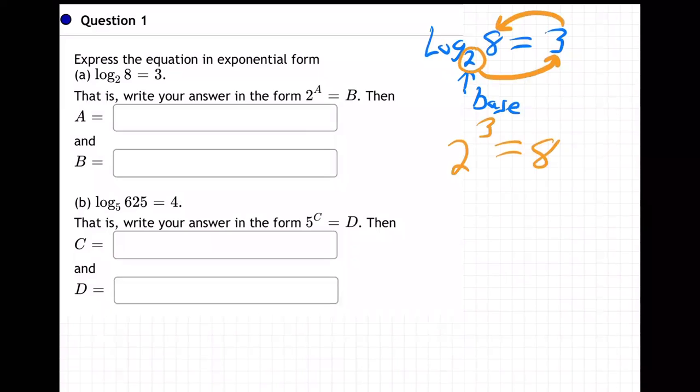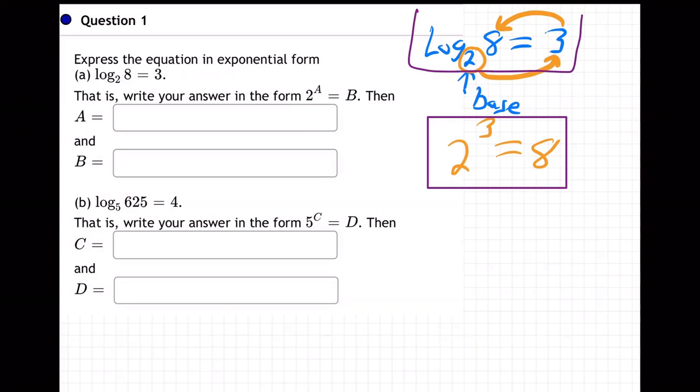So there it is. That's the exponential form. Let me put a box around here. This is exponential form, and that's log form.